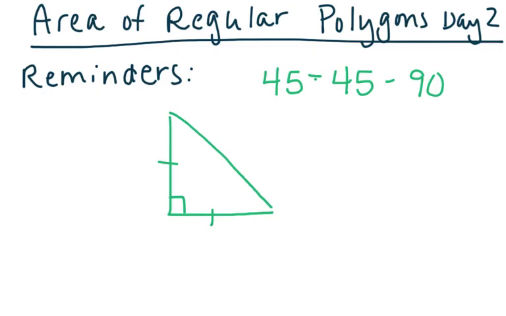And remember that the sides have a relationship. The two legs, they're congruent. So if they're both length x, then the hypotenuse is the leg times the square root of 2. So you just simply take the leg length times root 2 to get the length of the hypotenuse. Or if you're given the hypotenuse, you take the hypotenuse and divide it by root 2. Okay?